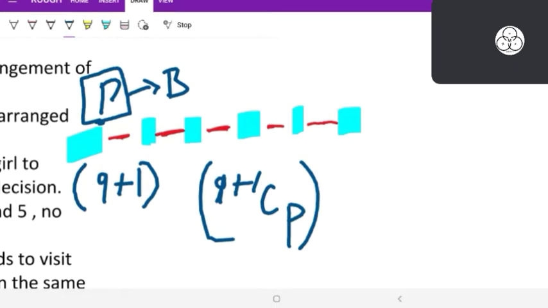But the blue books and red books are also dissimilar, so their arrangement matters. Multiplied by P factorial times Q factorial. And this is our answer.